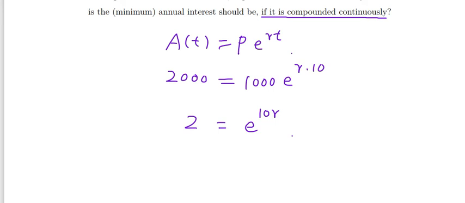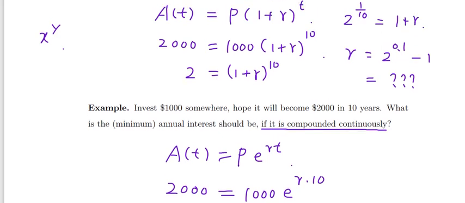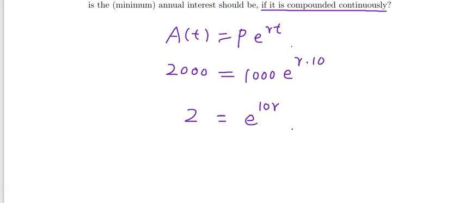So for this equation, we have some trouble. In the previous equation we just changed this exponent to 1 by taking the 1 over 10th power. But this way, if we take 1 over 10, we still cannot solve for this r. So this is a different equation.